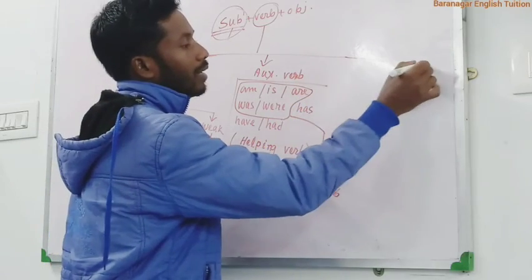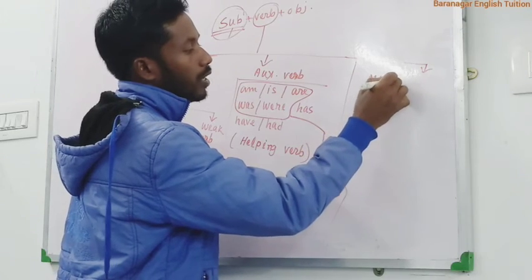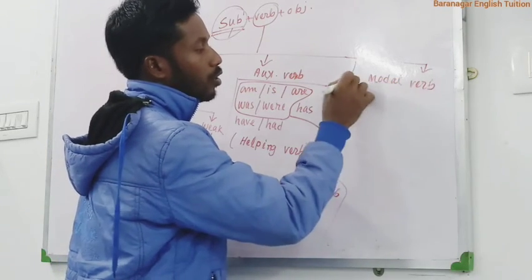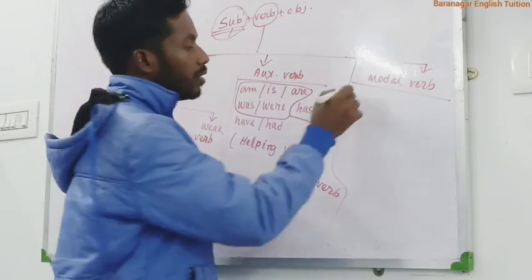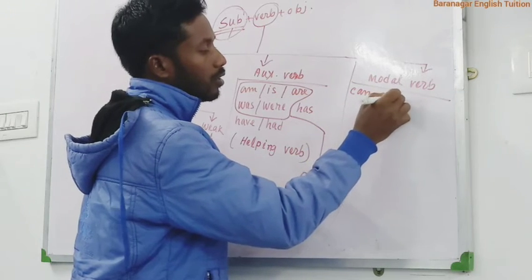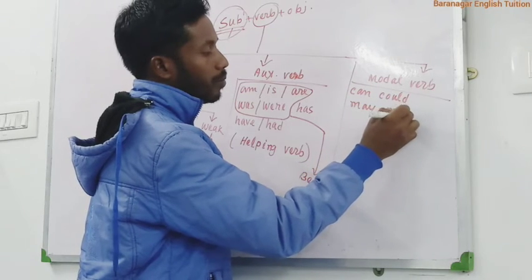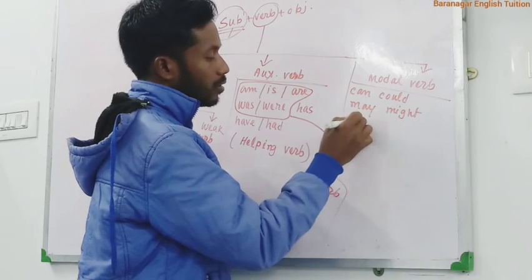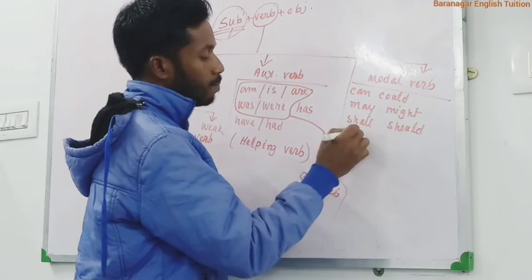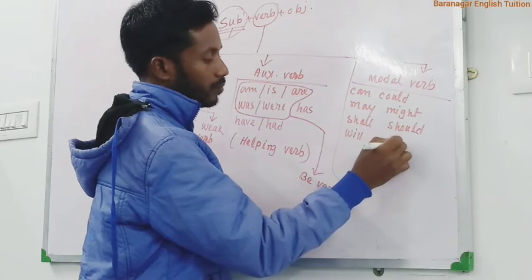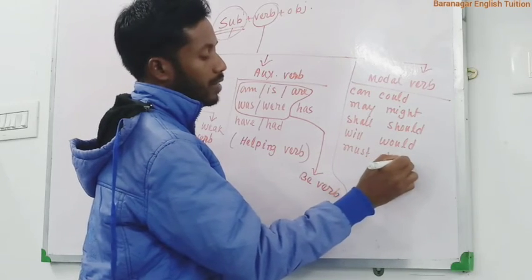Now we have another verb that is called modal verb. Just simply you need to memorize, or keep in your mind, which are modal verbs: can, could, may, might, shall, should, will, would, must, dare.